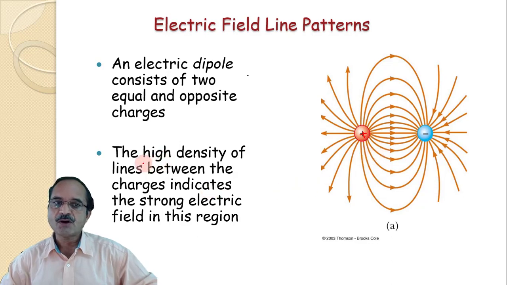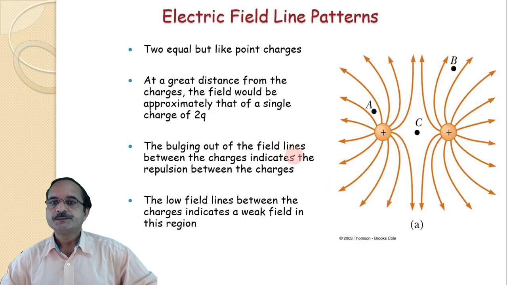High density of the lines indicates there is a strong electric field. What you see here, these places. So low density indicates it is a weak electric field. Suppose there are two positive charges, one positive charge here and one positive charge here.